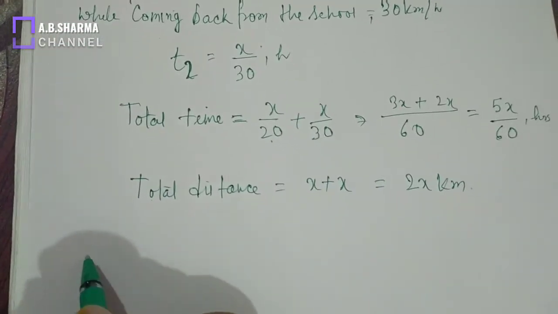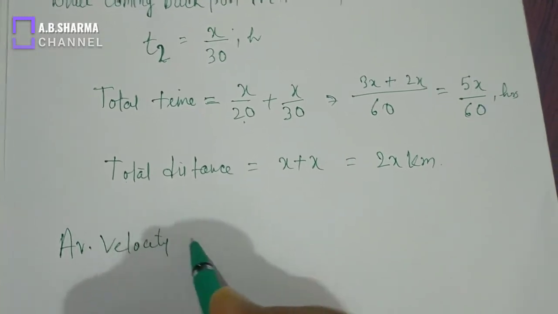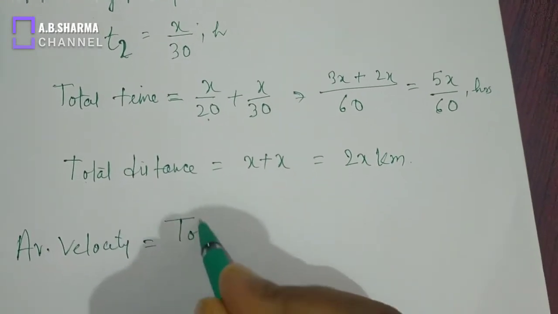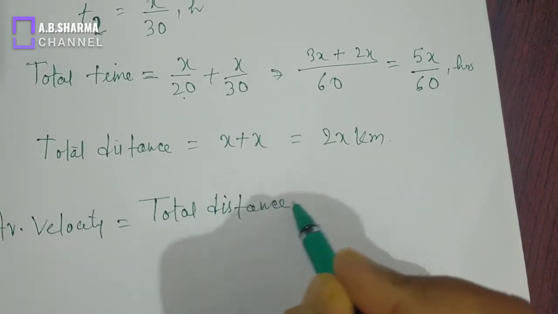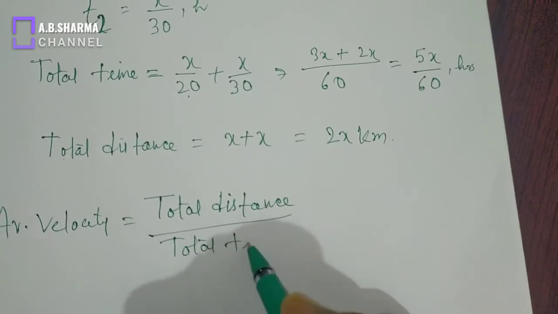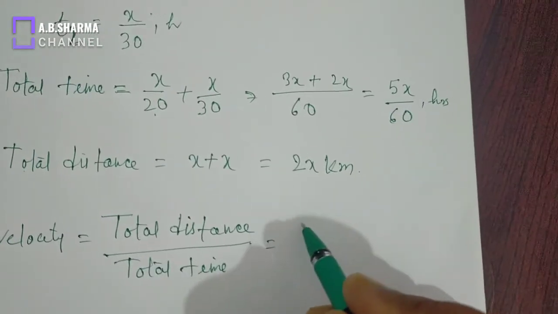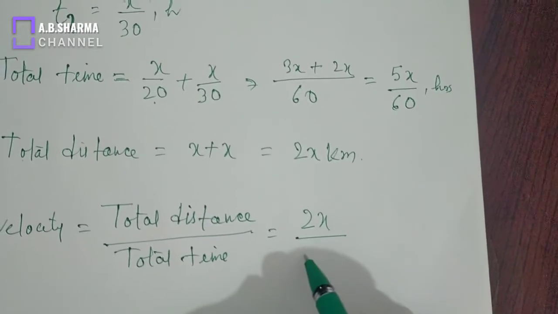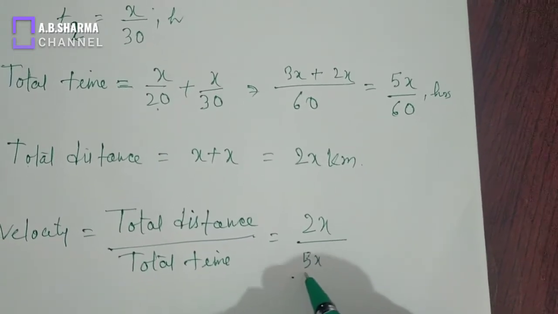For calculating average velocity, we have the formula total distance covered by total time taken, where total distance is 2x and total time is 5x by 60.